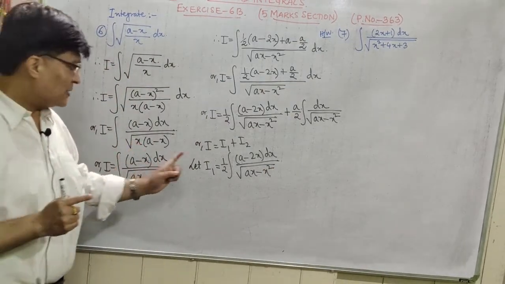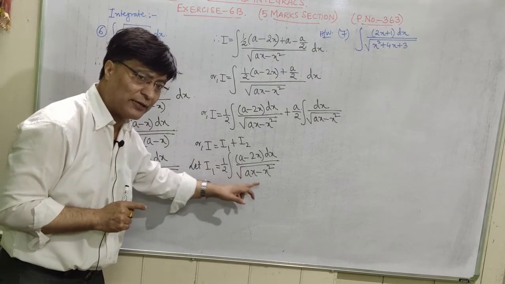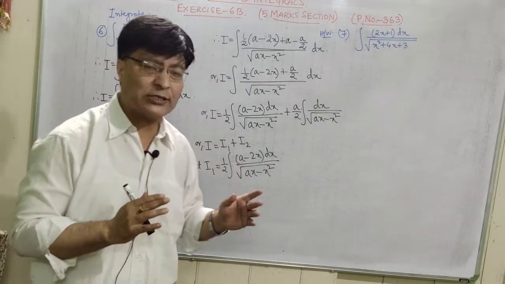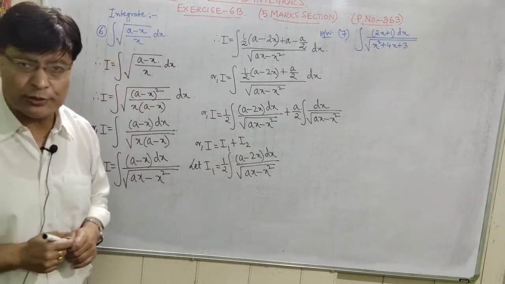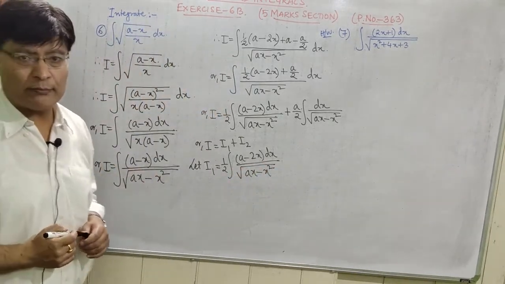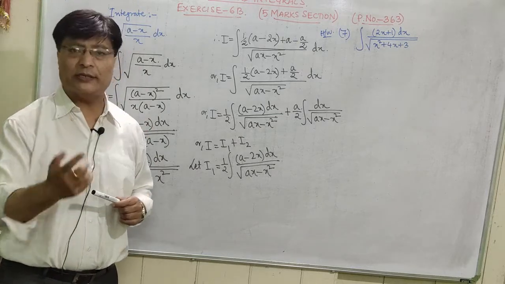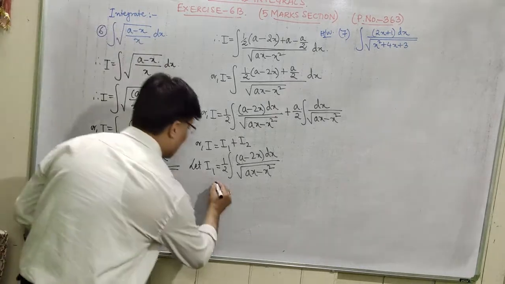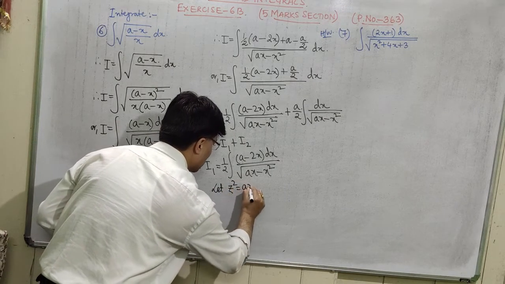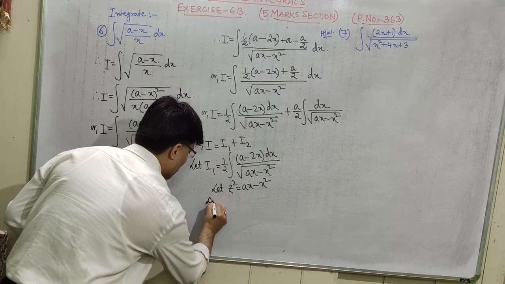So now in this case the differentiation of the expression on the square root is a minus 2x, which is in the numerator. That means in this case we can use the method of substitution. The expression on the square root can be taken as z square, because the expression is on the square root and that is also in the denominator. So let z square be equal to ax minus x square.